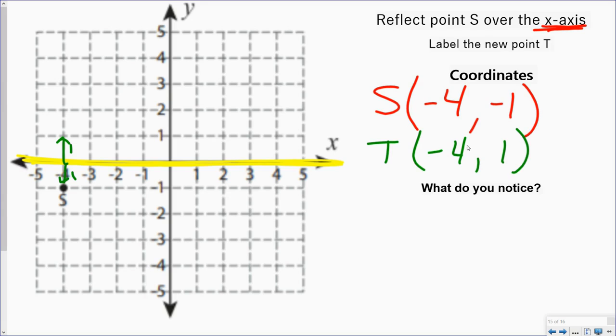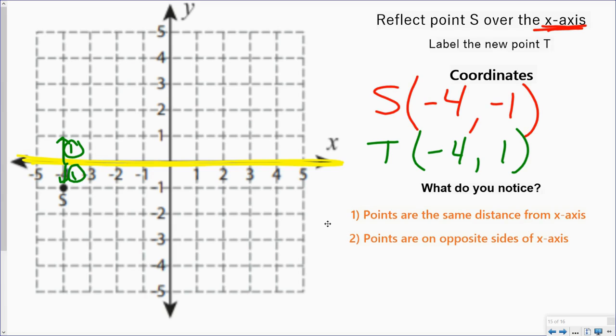So again, what do we notice when we're looking at this? First thing is that the points are the same distance from the x-axis. So again, they're both one spot away from the x-axis. I also know that they are on opposite sides because one is going below and one is going above. And then number 3 here, the x coordinate stays the same.